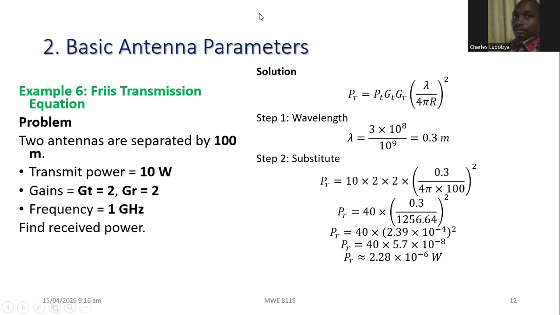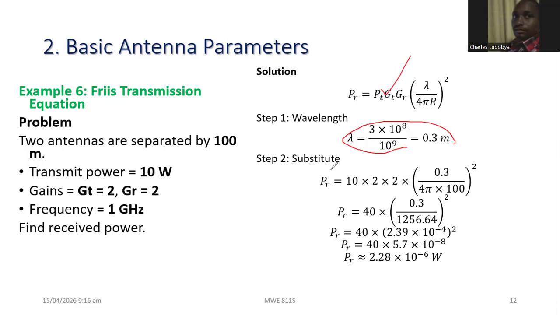So again, using the Friis transmission equation, you can substitute, but before that, step number 1, first of all, calculate the wavelength. Wavelength is speed of light divided by frequency. Since here we have 1 gigahertz, so it's basically 10 to the power 9 into 3 times 10 to the power 8, you get a wavelength of 0.3 meters.